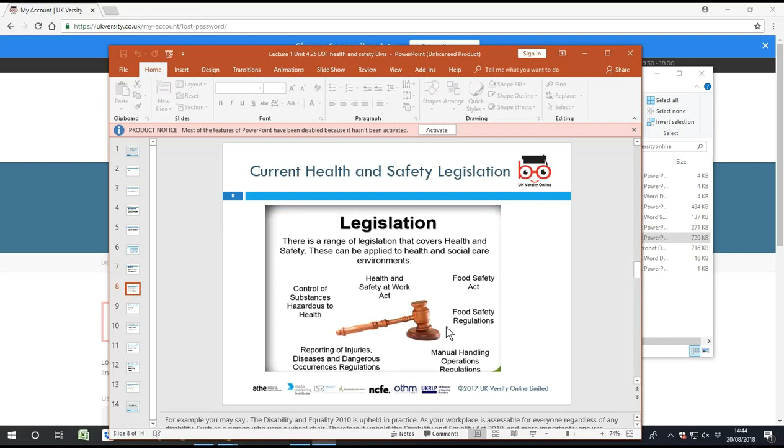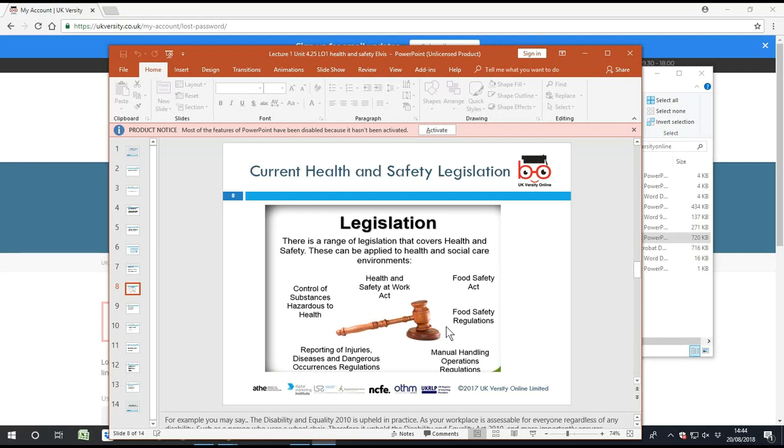Well, there are a range of legislation that covers health and safety, which is more linked to the health and social care environment. Of course, health and safety applies to all. If it's in the field of construction, health and safety applies. If it's in our home, health and safety applies. But then in terms of the health and social care environment, the key legislation is the Health and Safety at Work Act, which is quite crucial.